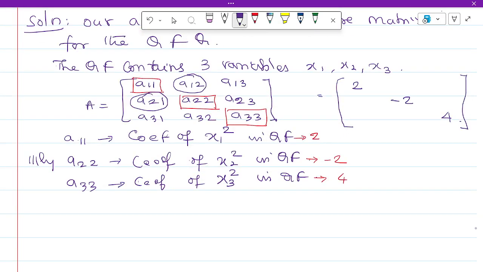I will write here A12 equal to A21. Both should be equal in value. That is equal to 1 by 2 the coefficient of x1x2 in quadratic form.